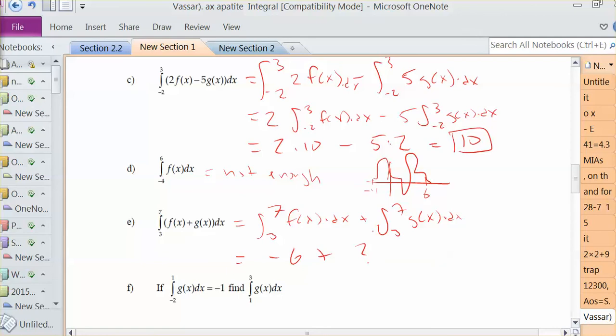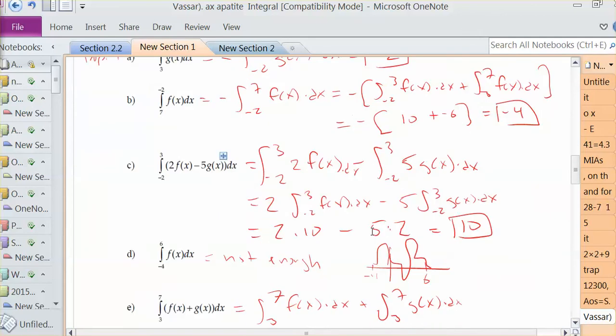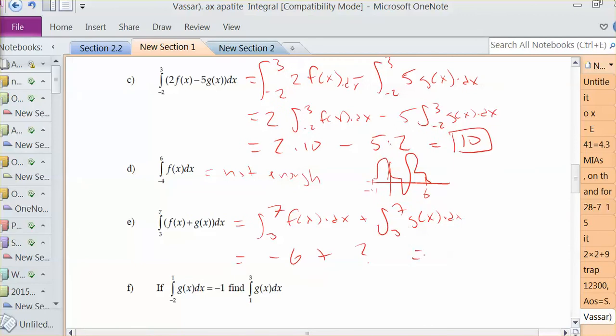But I got no clue about the other one, because it was not defined for us. Only defined for -2 to 3 for g of x. So again, not enough info. Not enough information. Sorry I didn't write that for part D, the info part.